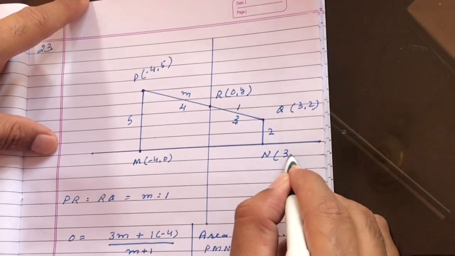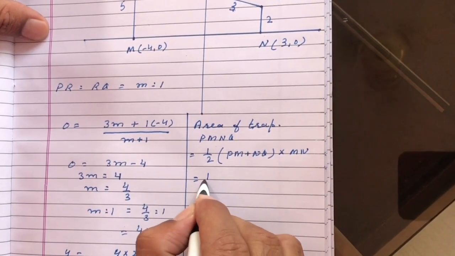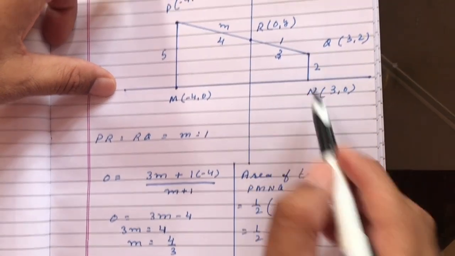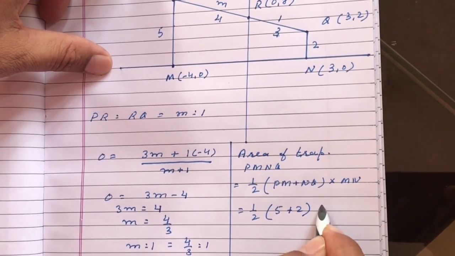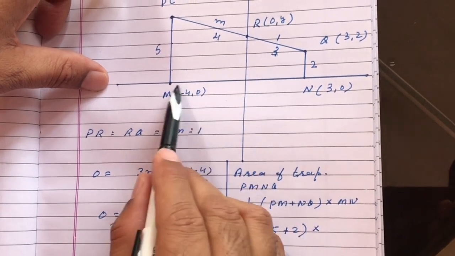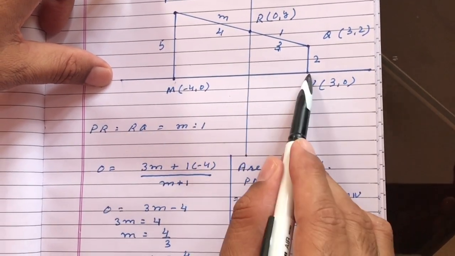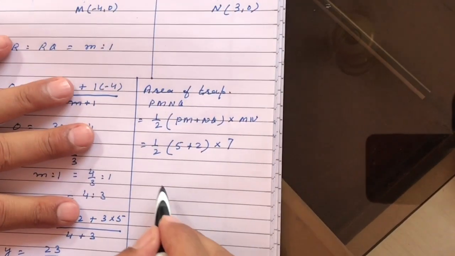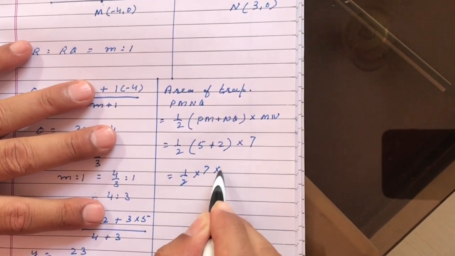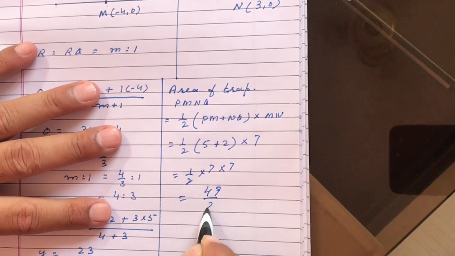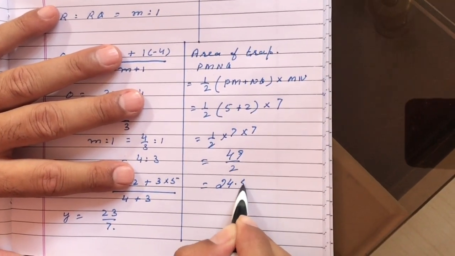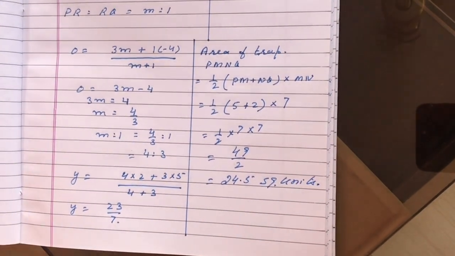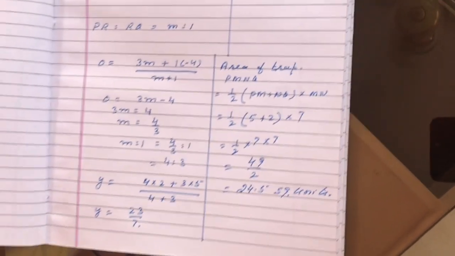This point will be (3, 0). So it is 1 by 2. This is 5. QN is 2. MN is 4 from here to here, and from here to here it's 3. So the total is 7. That is 1 by 2 into 7 into 7, 49 upon 2, 24.5 square units. This is the area of trapezium PMNQ.